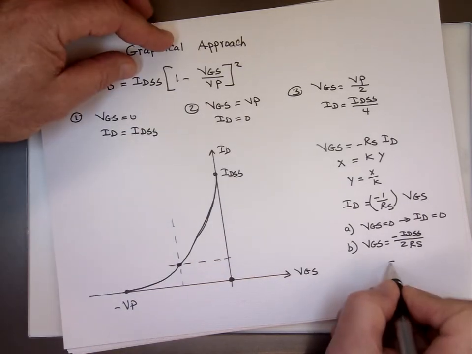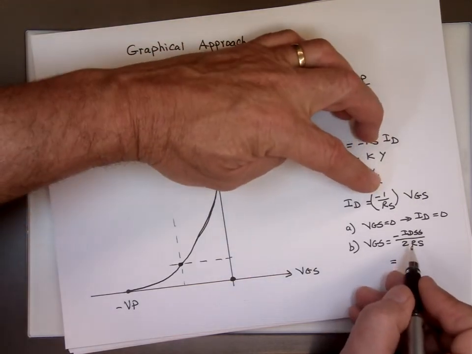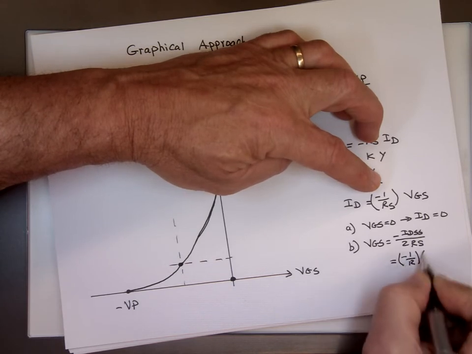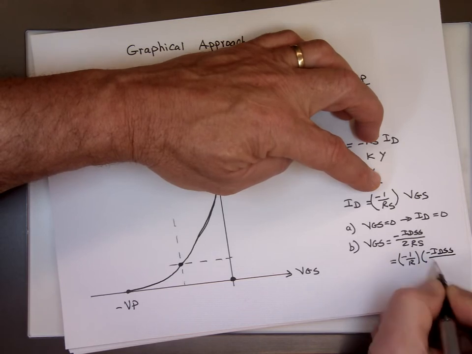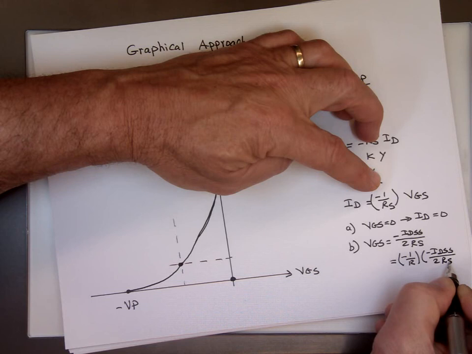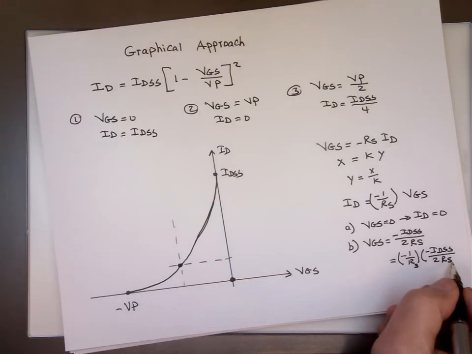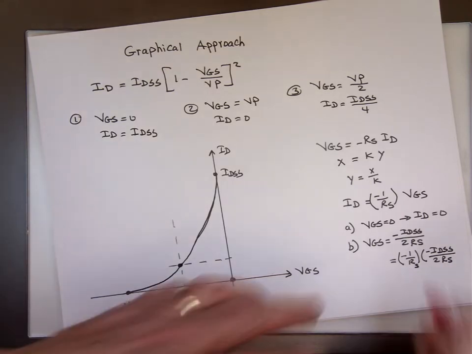so let's do the math here. Negative 1 over R sub S times negative I sub DSS over 2R sub S. I should say times R sub S to cancel the R sub S. That'd be a better choice.